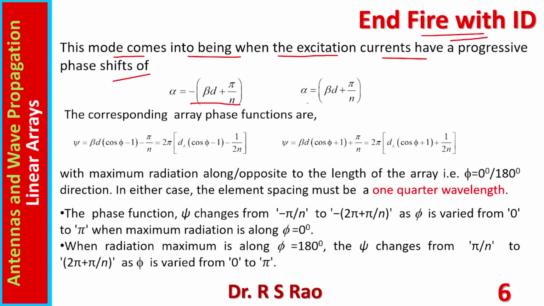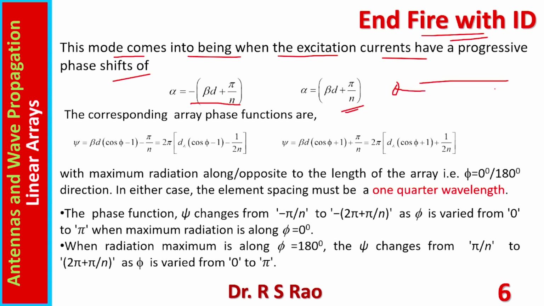It is minus beta d plus pi by n in case of end fire with ID. Now, when we set alpha equal to beta d plus pi by n, then maximum radiation is opposite to the direction of maximum radiation when alpha is minus beta d plus pi by n. It implies in this direction.